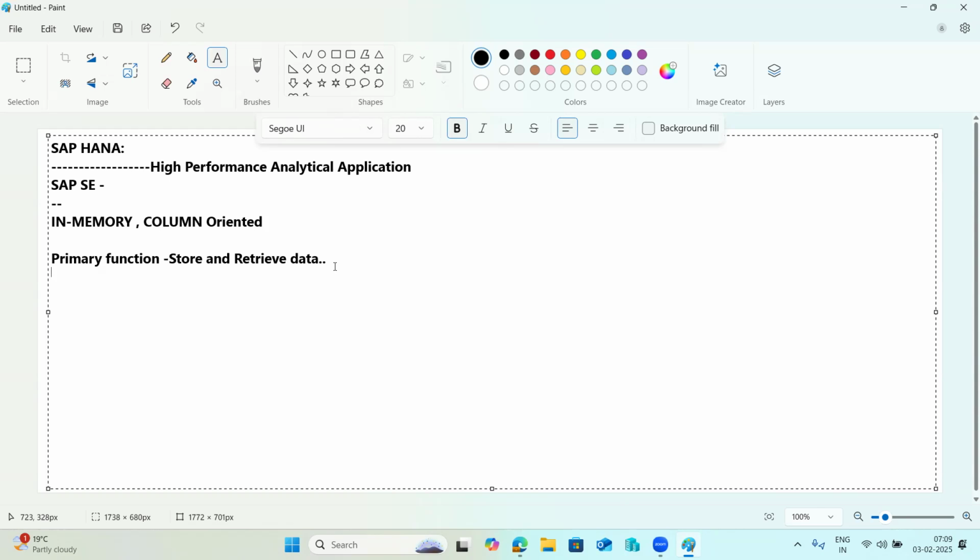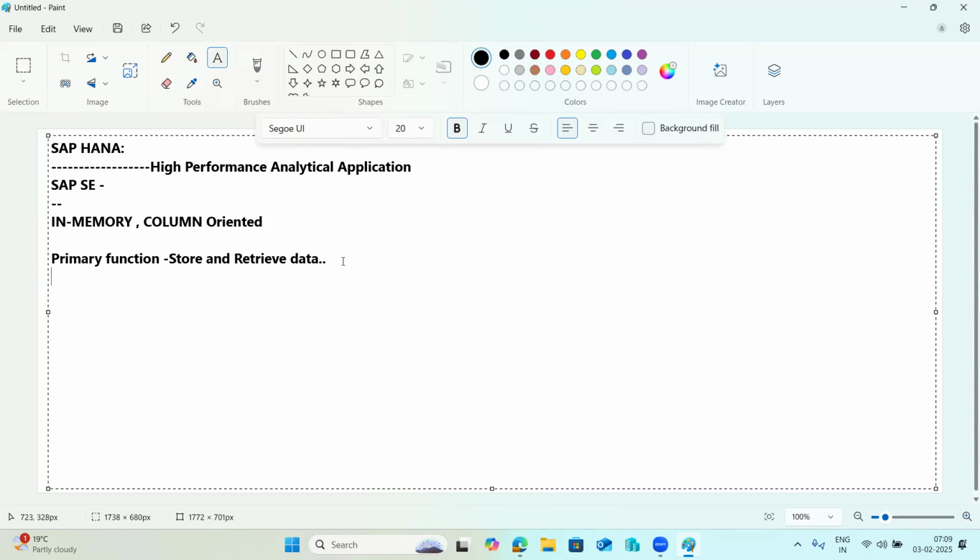ETL means extract, transform, and load the data. It's not only just storing and retrieving the data; it will perform the advanced analytics required. Analytics means data that is not in the correct format, such as text format: text search, text analytics, streaming analytics. There are multiple analytics capabilities, and ETL tools are also available here.